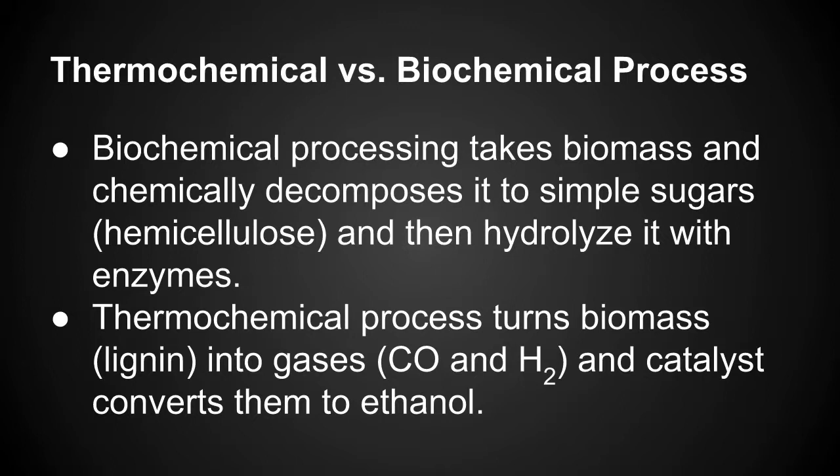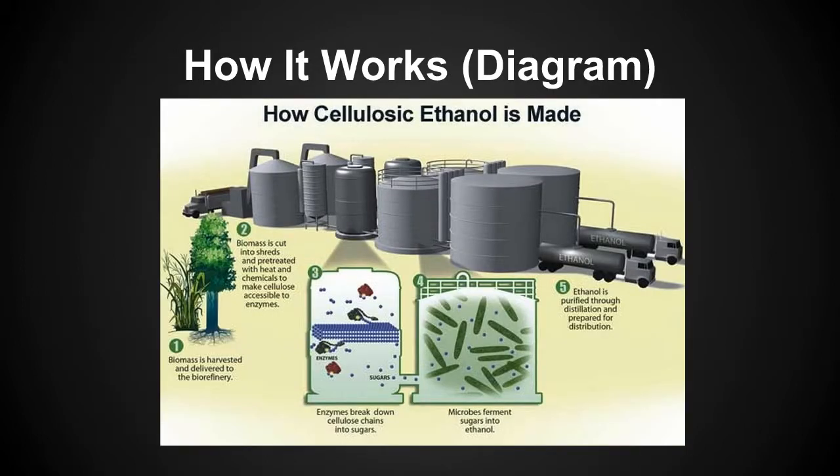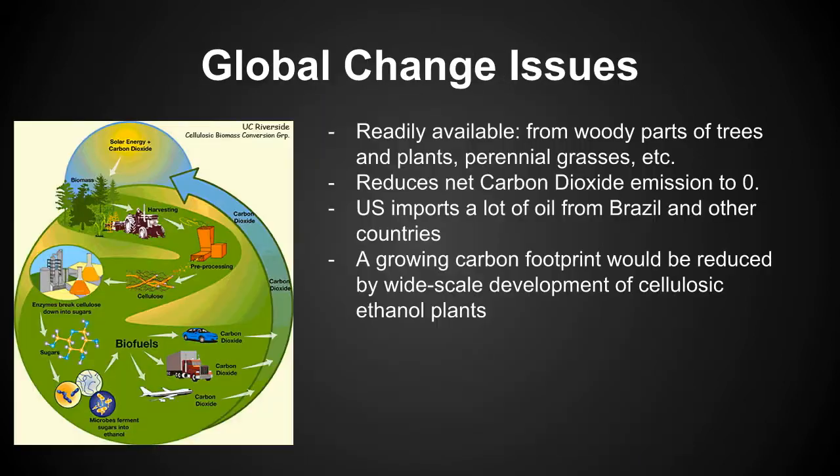Contrast this with the thermochemical process, which turns biomass, mainly lignin, into gases, CO and H2, which are then converted into ethanol using a catalyst. This diagram here summarizes the process of manufacturing cellulosic ethanol.